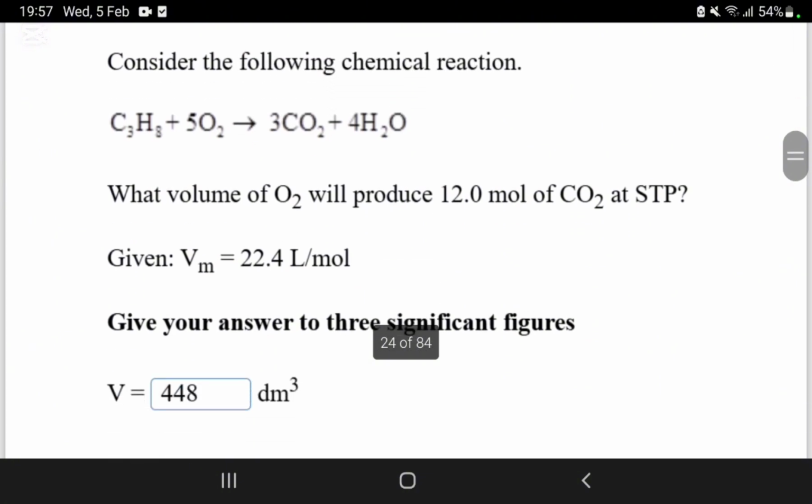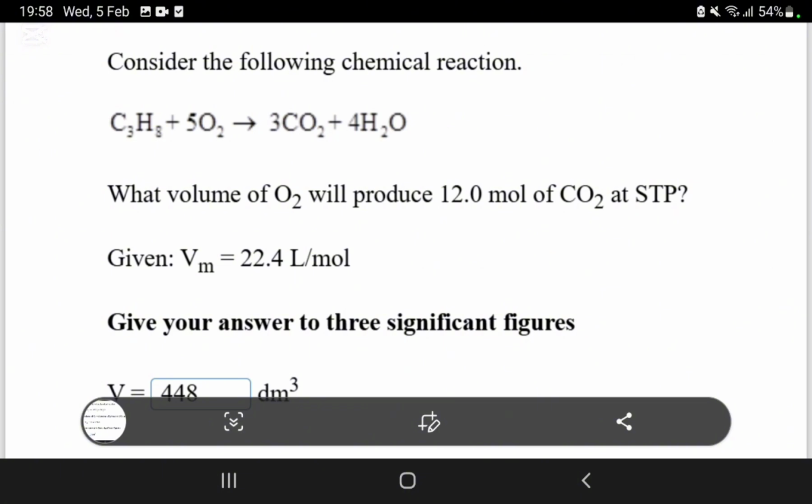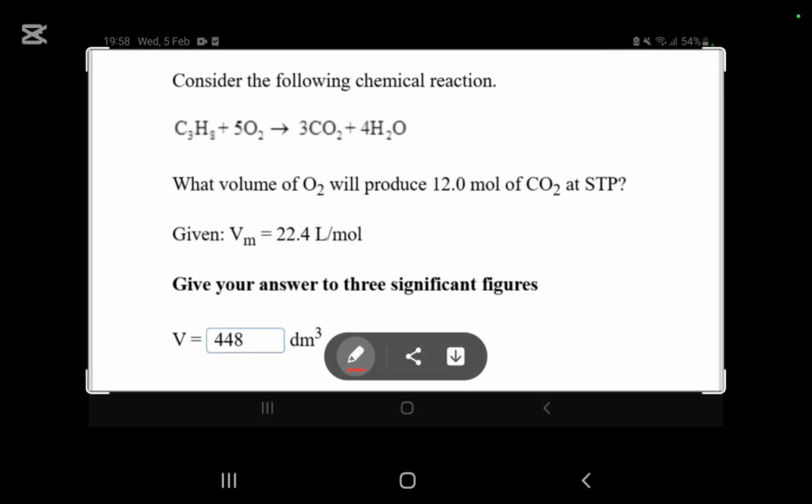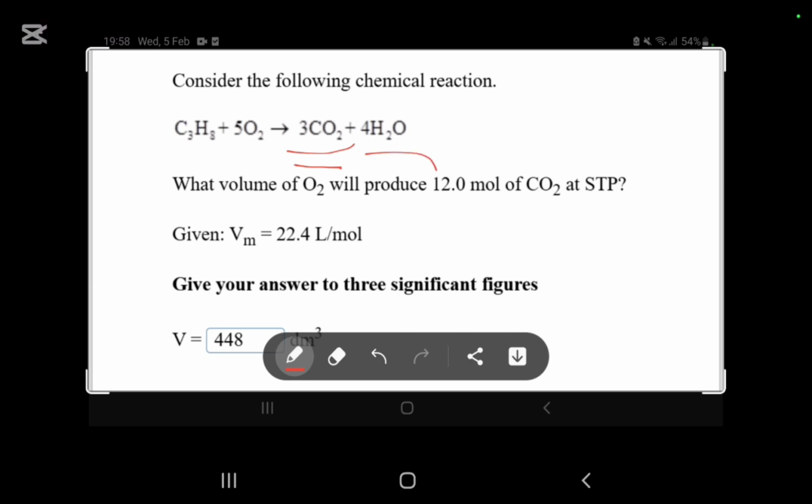Number 15. What volume of O2 will produce 12 moles of CO2? First, we're gonna have to find the moles of O2. So, how do we go from 3 moles to 12 moles? We do times 4, right?